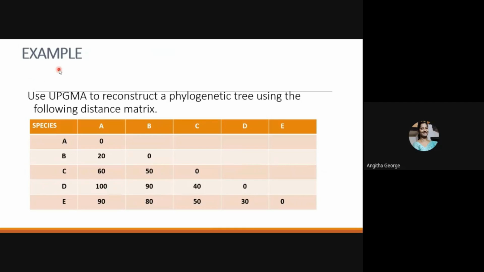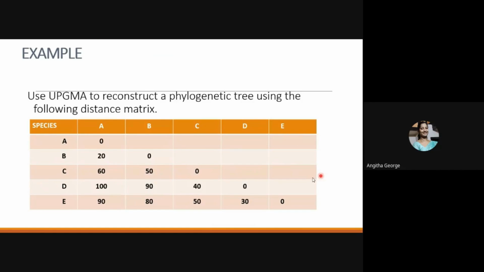So consider an example. Use UPGMA to reconstruct a phylogenetic tree using the following distance matrix. So you have been given a distance matrix. From it, you do step 1 and step 2 repeatedly until two clusters remain.